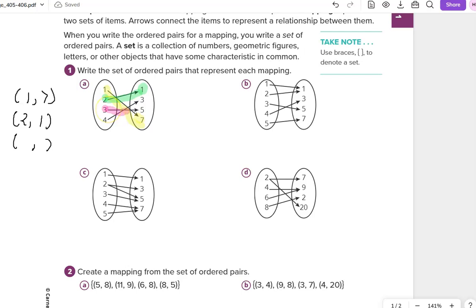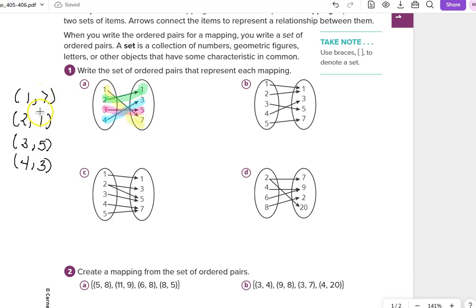I'm going to follow my arrow to 5. So I know that when my input is 3, my output is 5. Okay, my next one is 4. I'm going to follow the arrow, and it goes up to 3. So when my input is 4, my output is 3.